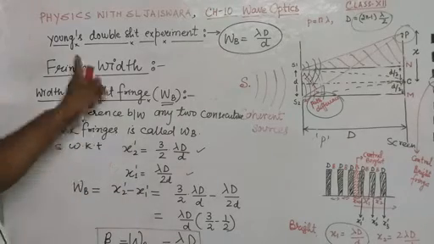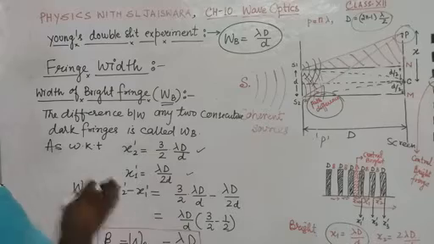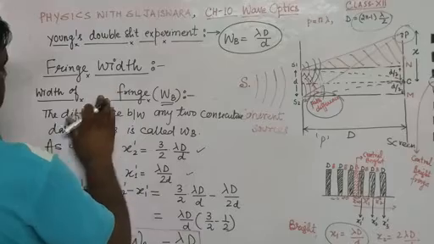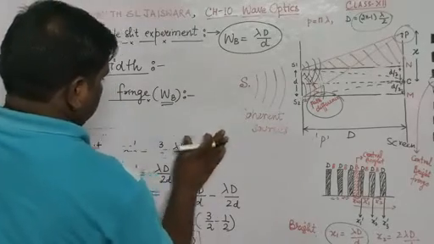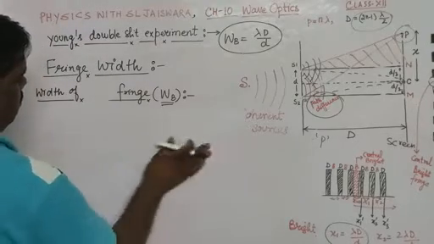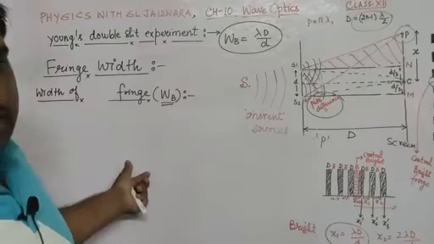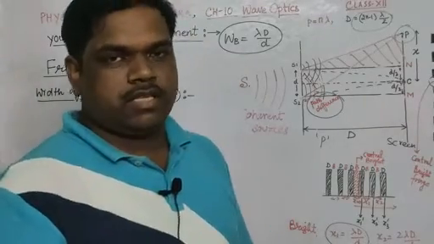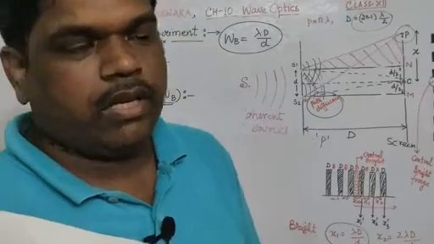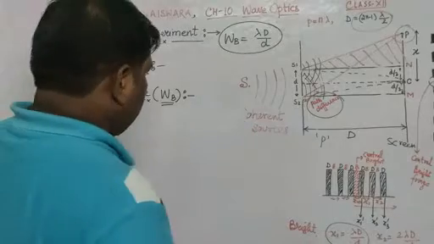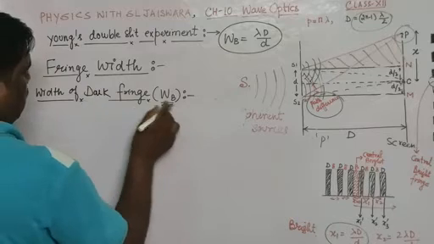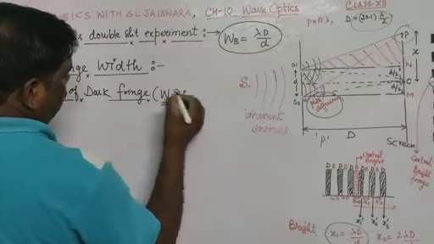Now the last point of this Young's double slit experiment is the width of dark fringes. You can calculate the width of the bright fringe by using the general form of dark fringes, xn' minus x(n-1)', and then again we get lambda D upon d. The width of dark fringes is represented by WD.